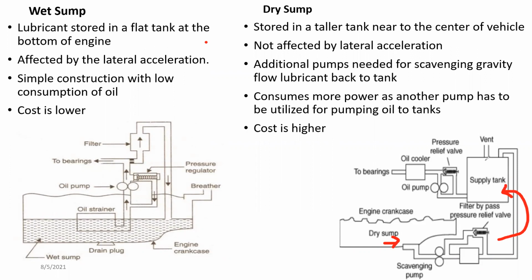The difference between this tank and the wet sump is that this is a thin, tall tank that can hold more oil. Then from the bottom of that oil tank, a feed line is sent back to the oil pump itself, and from there it goes to the engine components again.